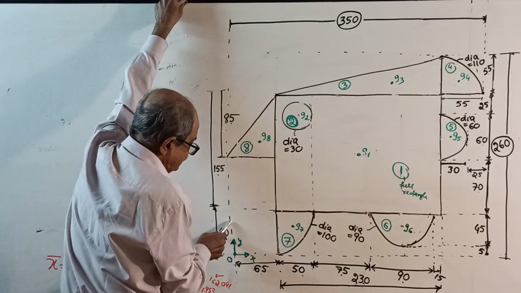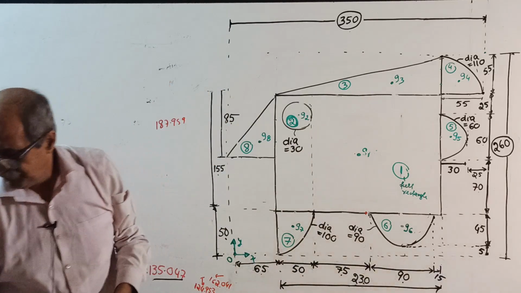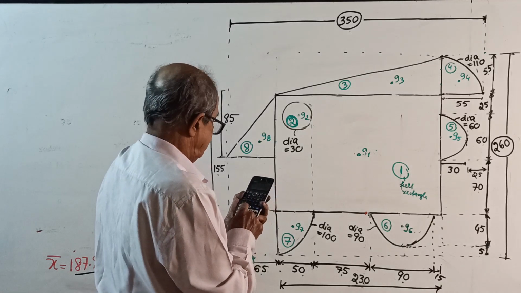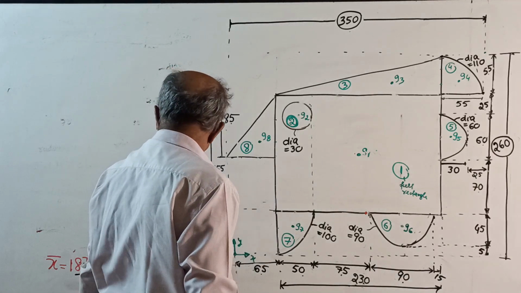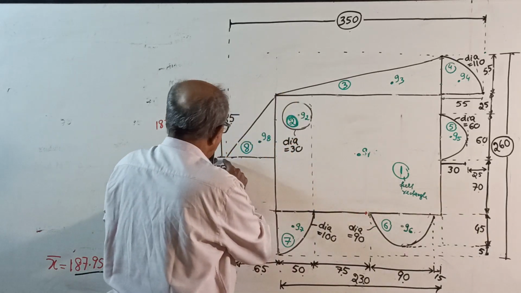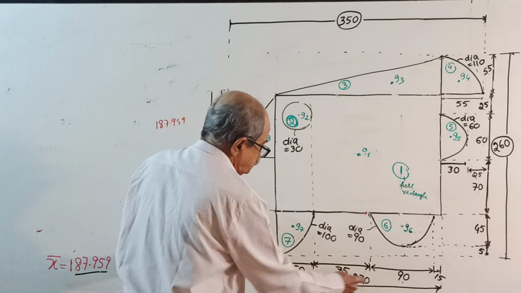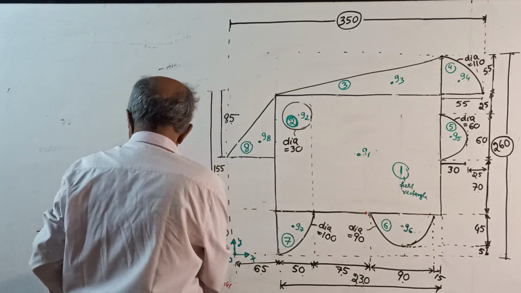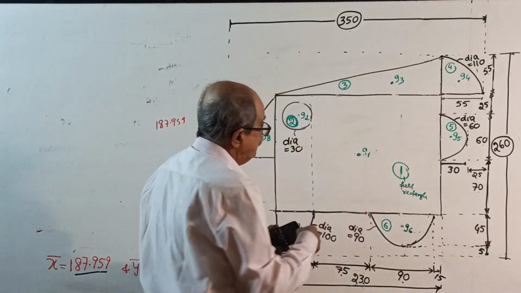See, 65 plus 230 by 2 is 180. From here to here is 65, plus 230 by 2, which is 180. We got 187, so it is after the centroid but before the junction.